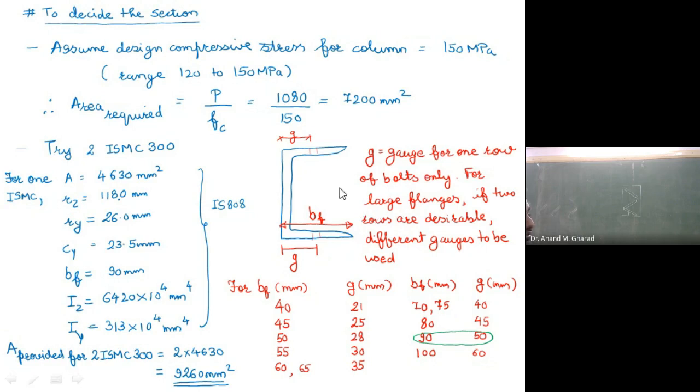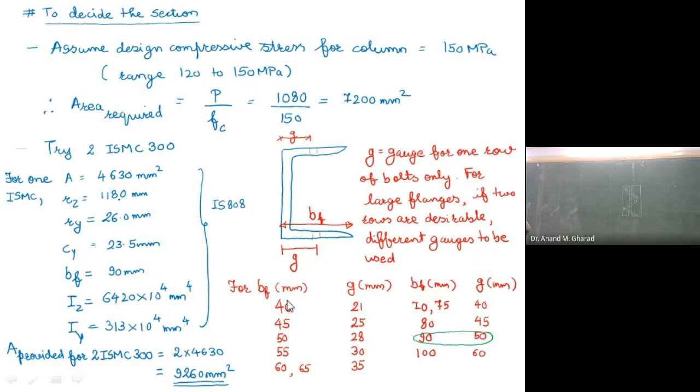For large flanges, in order to take into account the connection part, if the flange is of greater length, then more rows are desirable and different gauges are to be provided. We will not be discussing this second part, because in our calculation you will come across that one bolt is sufficient to make the connection.